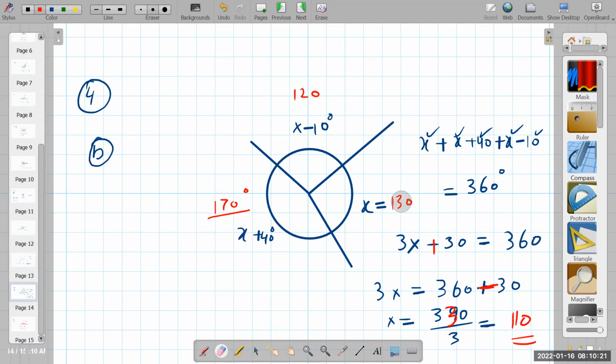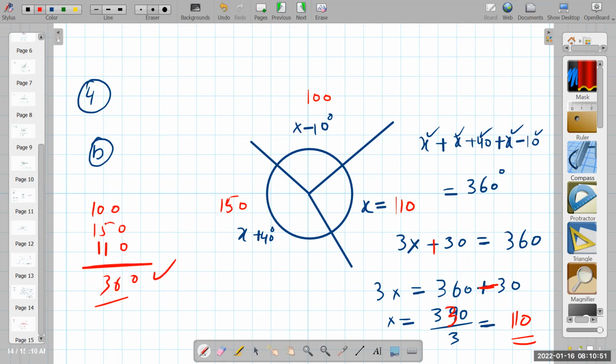If it is 110, then the other angles should be 100 and 150. So now if we add 100, 150 and 110, it is 360. Okay, thank you.